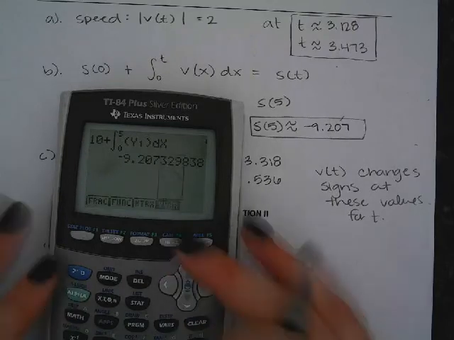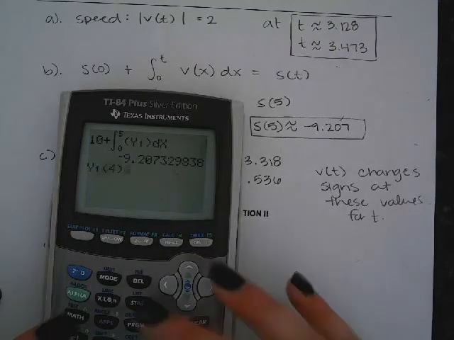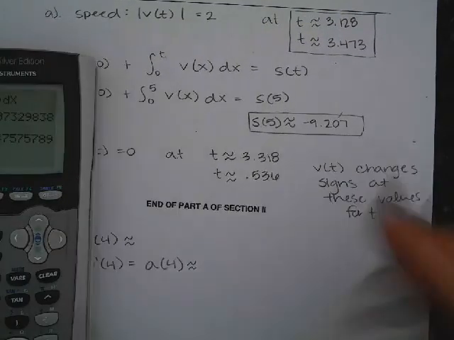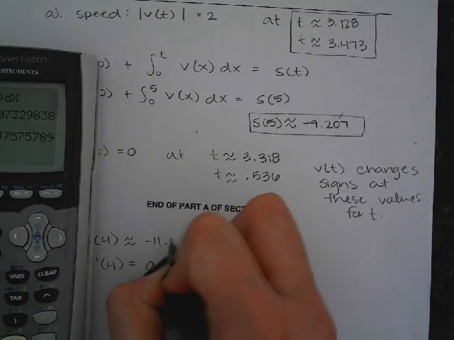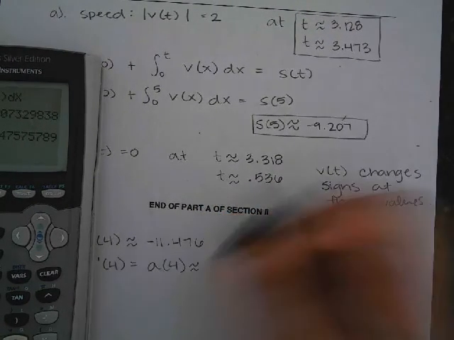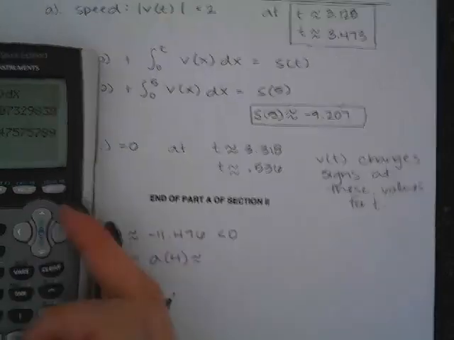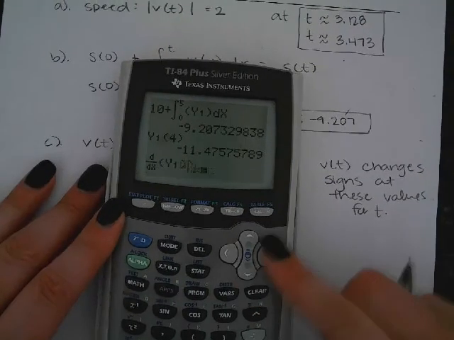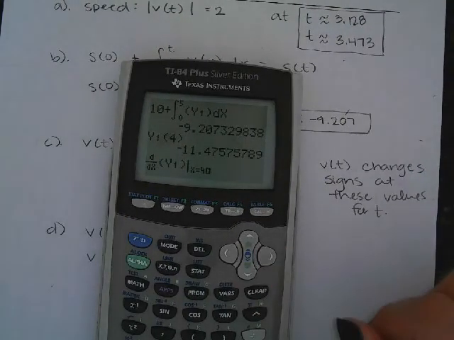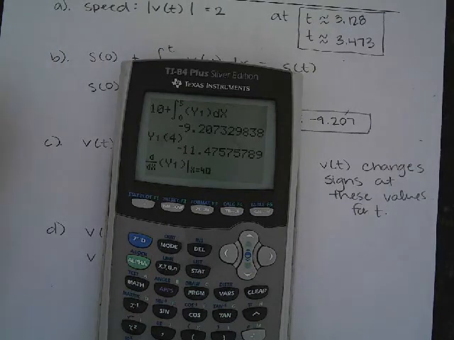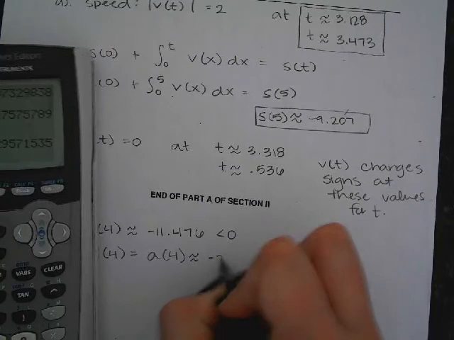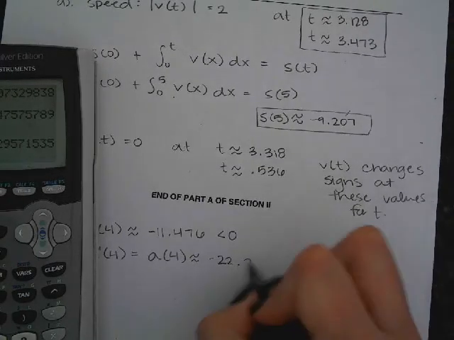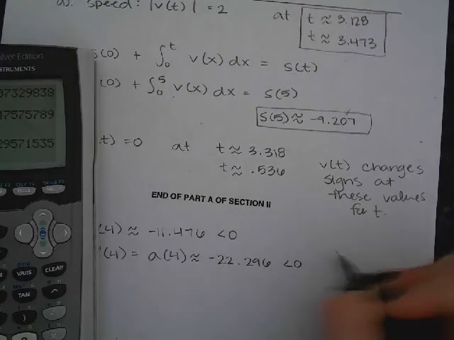So I've got my velocity at 4 is -11.476, which is less than 0. And then I've got math 8. So there's my derivative at 4, -22. Which is less than 0.